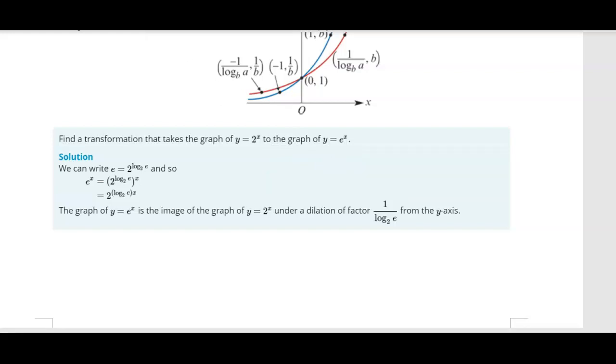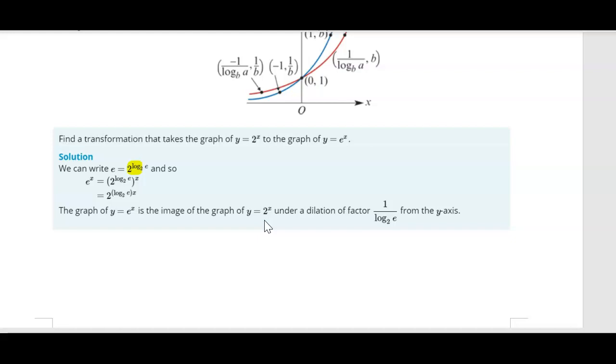So what has happened in this example, and this is how we're going to answer the question as well, is that e is equal to 2 to the power of log base 2 of e, because this cancels out, all right, and we're just left with e.